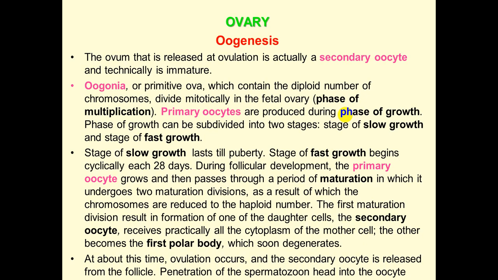So, some follicles start the phase of fast growth, and this fast growth begins cyclically each 28 days. And these follicles grow over 12 days, the first part of the sex cycle. This process is called folliculogenesis.